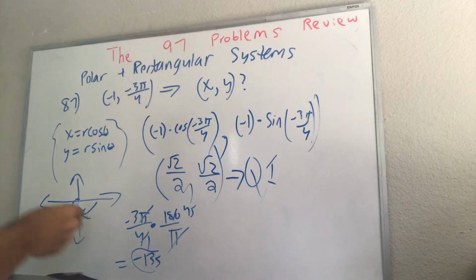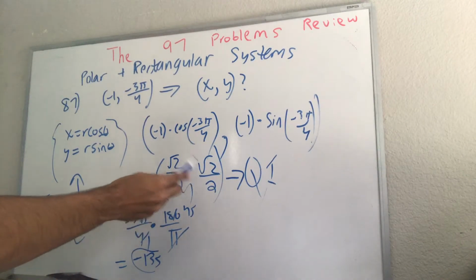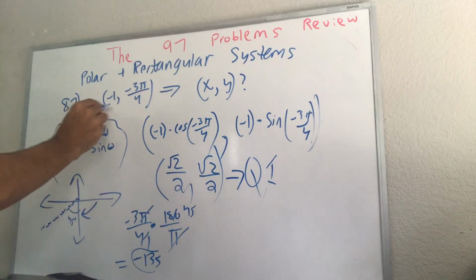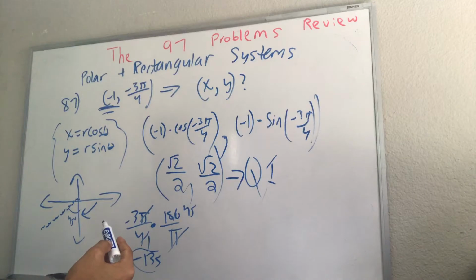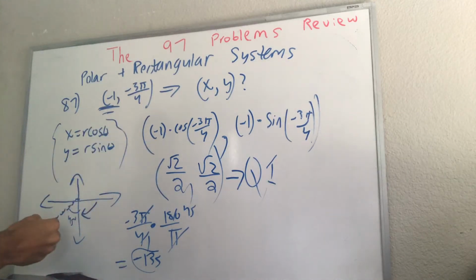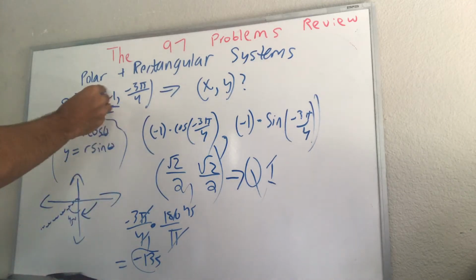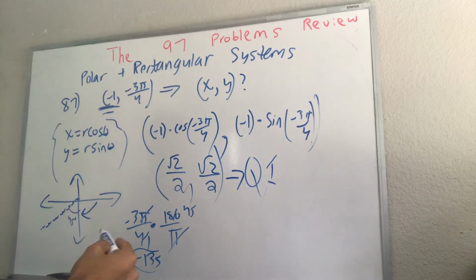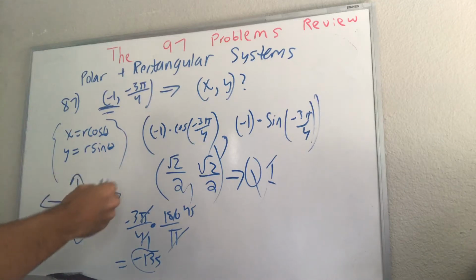However, we know that we're not in the third quadrant because this point, this x comma y, is in quadrant 1. Well, we have a -1. Whenever you have a negative radius, all that means is that you have a specific angle, and then because of this negative, you want to go in the opposite direction. So the radius is obviously 1 here, but what this is really saying is that you want to move in the opposite direction.